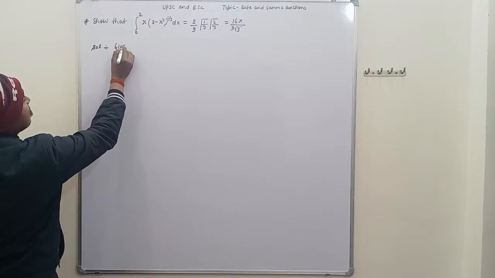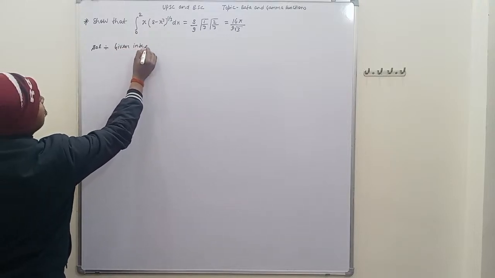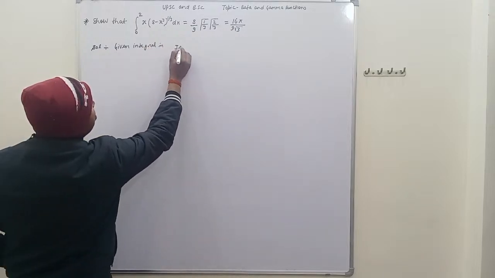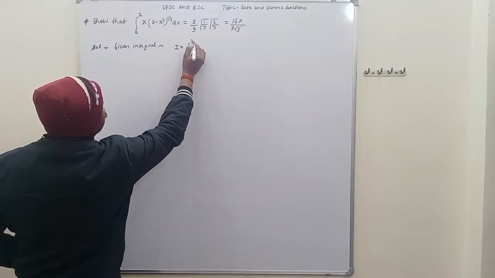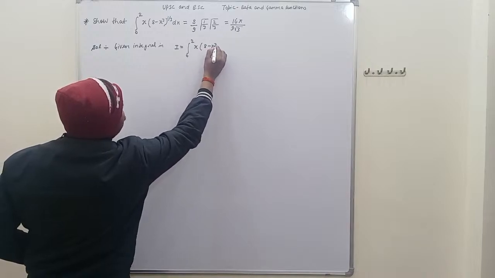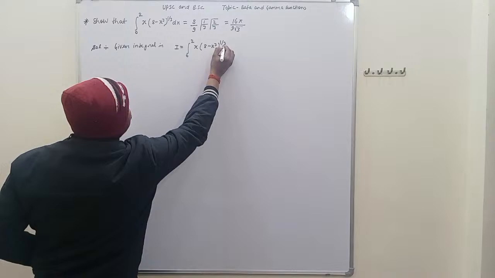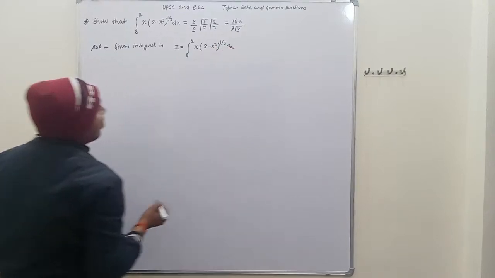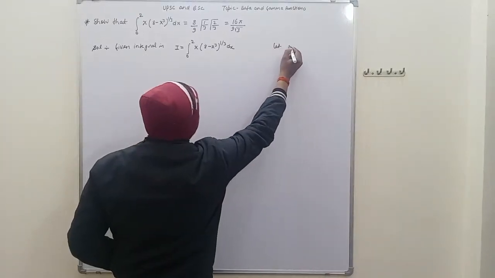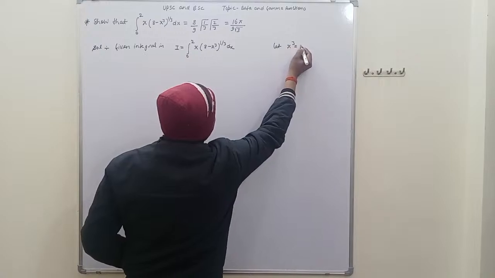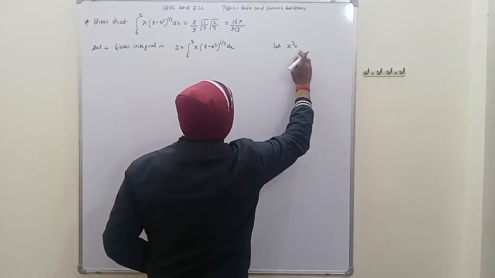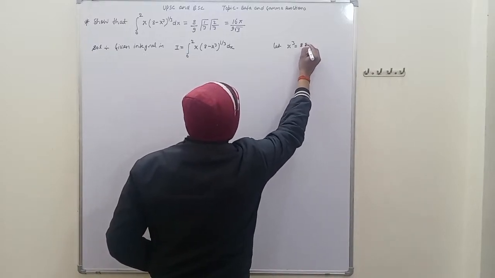Given integral is I is equal to the integral from 0 to 2 of x into (8 minus x cubed) to the power 1 by 3 dx, and from here we can let x cubed is equal to 8 sin square theta.